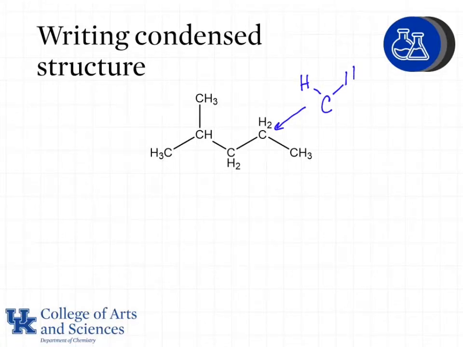Remember that where we have CH2, that's the same as having a carbon with two hydrogens attached. The same would be true for CH or CH3 with the appropriate number of hydrogens.